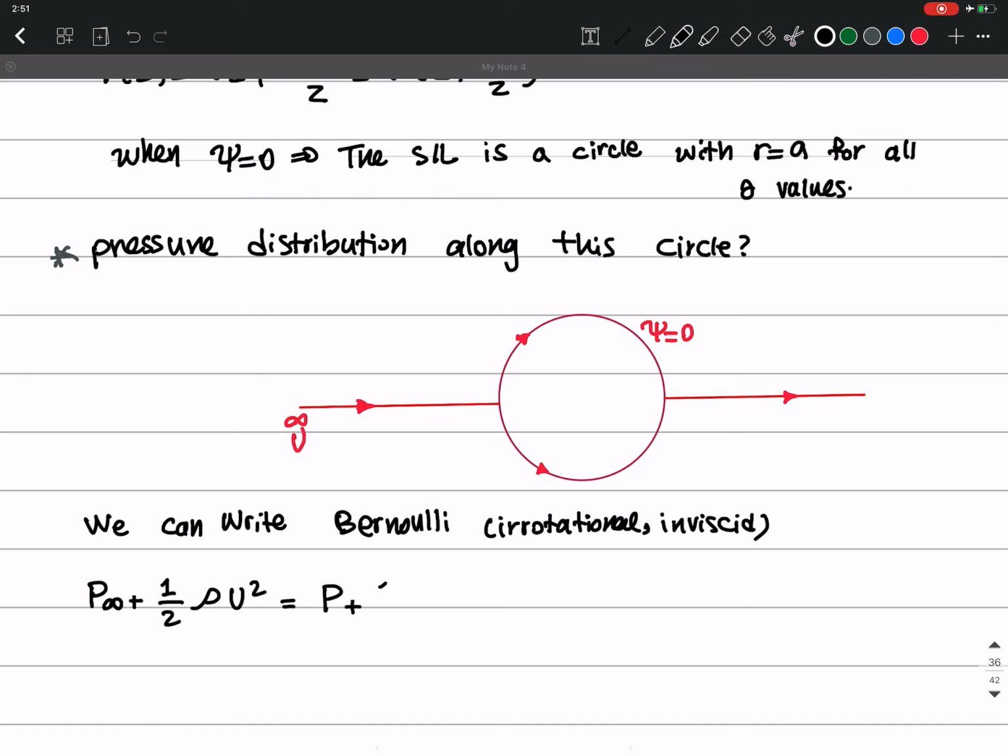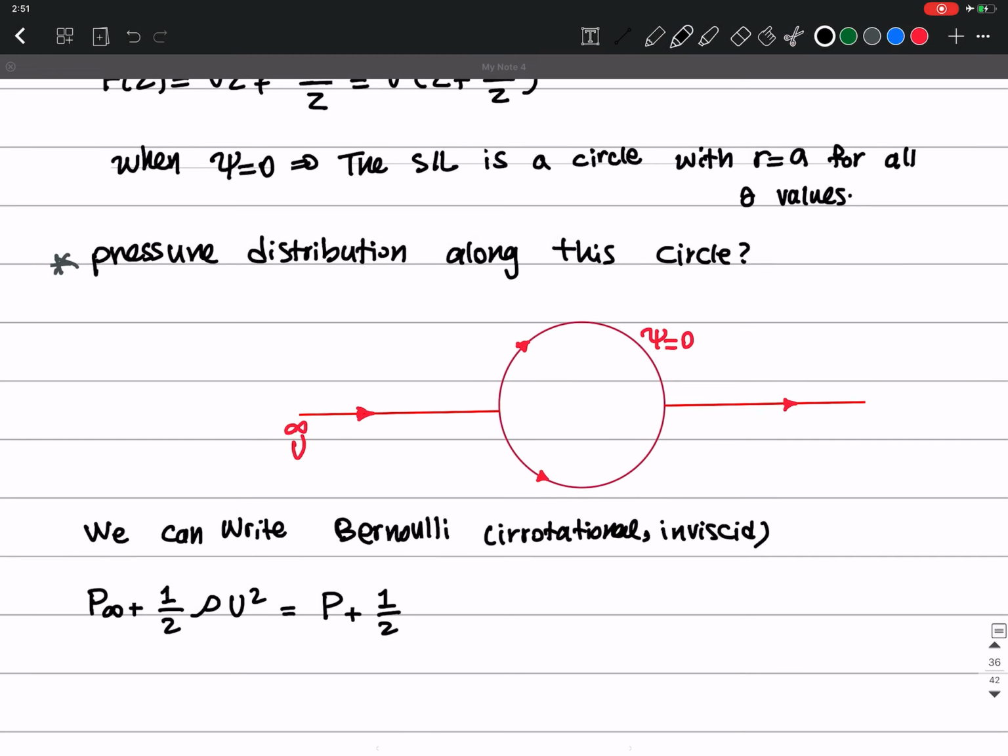plus 1/2, and somewhere here we can just neglect elevation. Let's say in the XY plane you are looking from the top, so there is no change in elevation, or the changes in elevation are negligible, so I don't write it down here. Then we have the velocity somewhere here, I just write it as rho U theta squared, and pressure somewhere there.